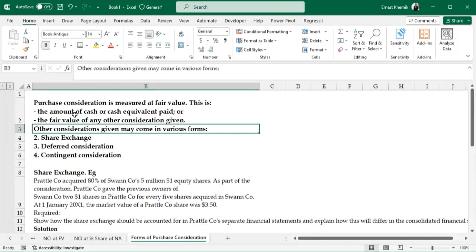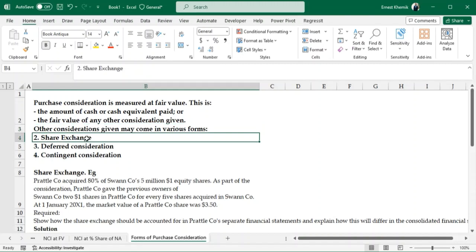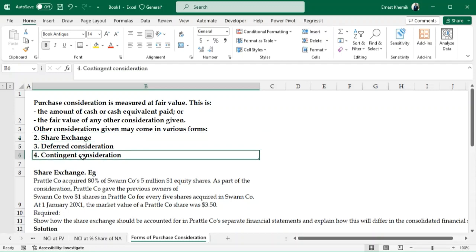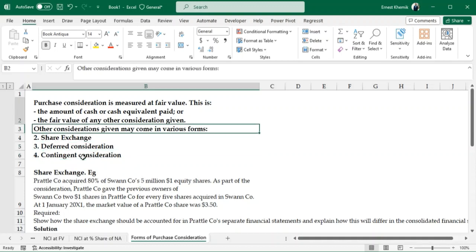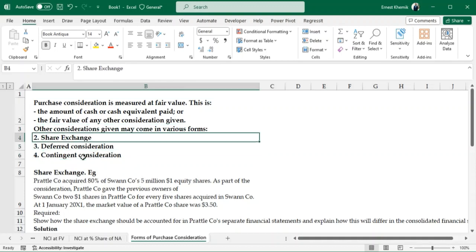It can come as cash or any other form of consideration, and that can be in the form of share exchange, deferred consideration, and contingent consideration. They can combine all of these in a single question. So in my next video, we are coming to look at how to deal with each and every one of these different forms of consideration that a parent might give for acquiring a subsidiary.